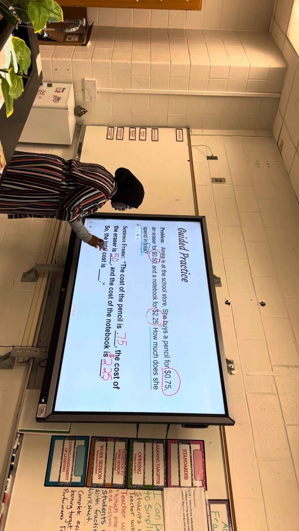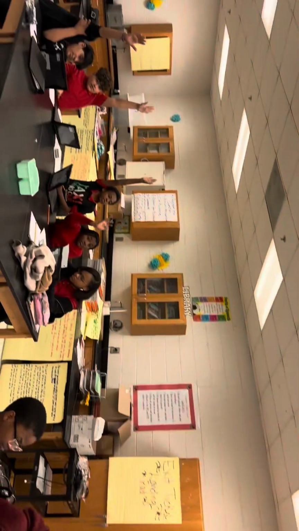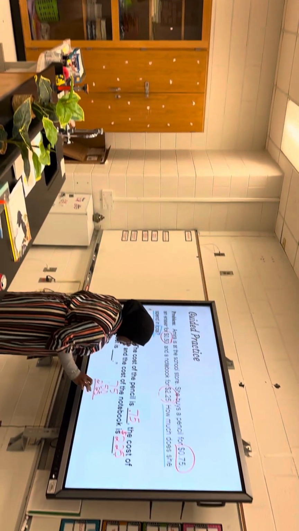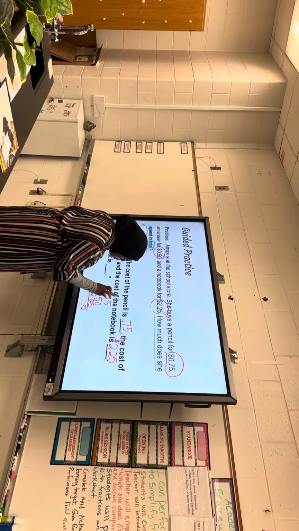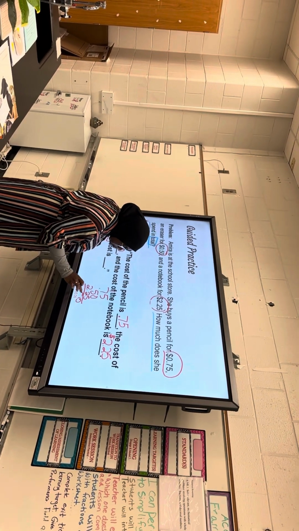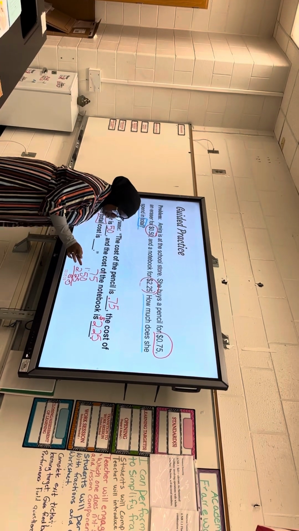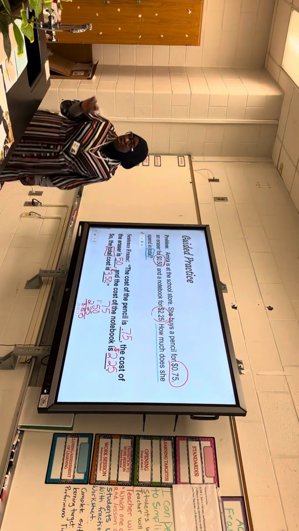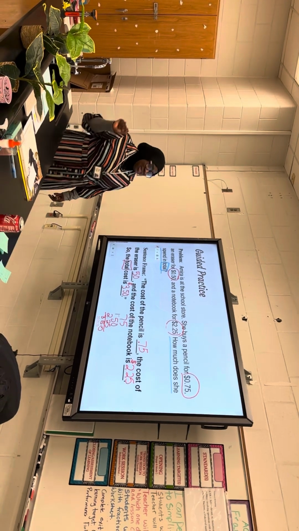And the total cost, so I have to add 75 plus 50 plus $2.25. 5 plus 5 is 10. Carry the 1. 7, 8, 9, 10, 15, 5. Carry the 1, 2, 3. My total is $3.50. And if you got a calculator, you can go way faster than this. Okay?